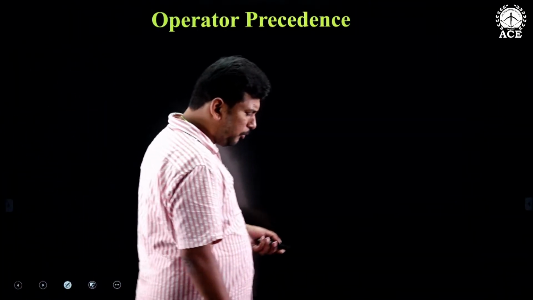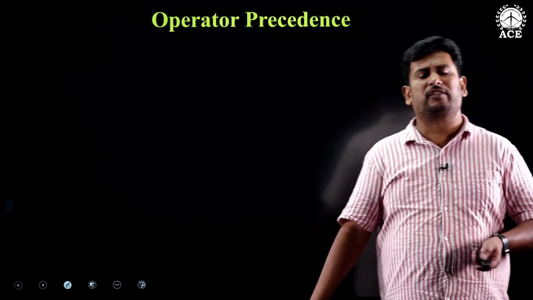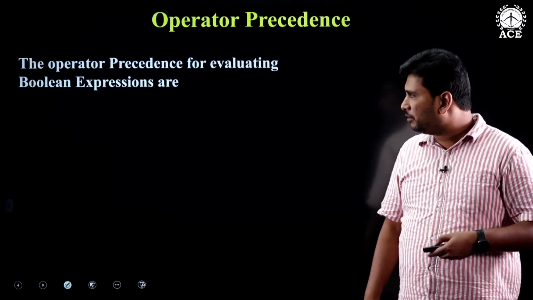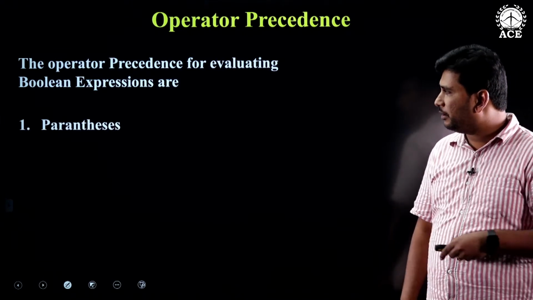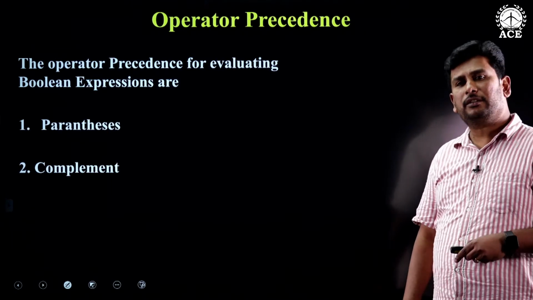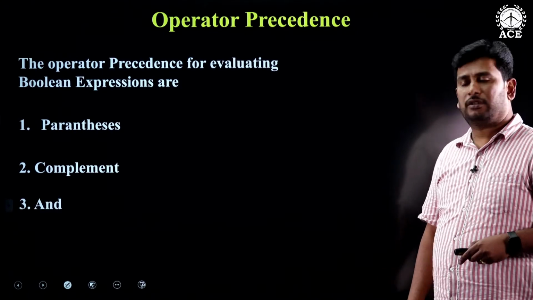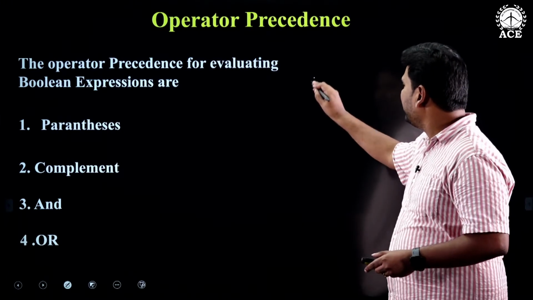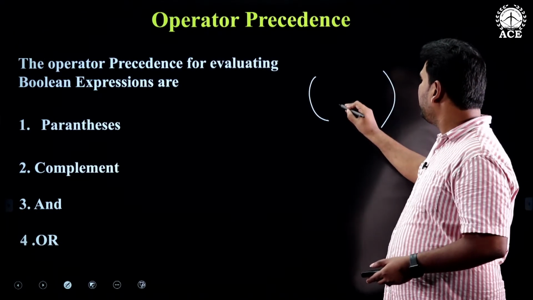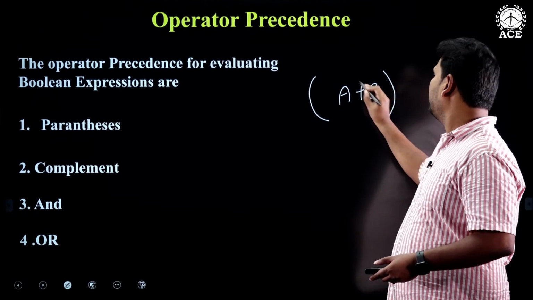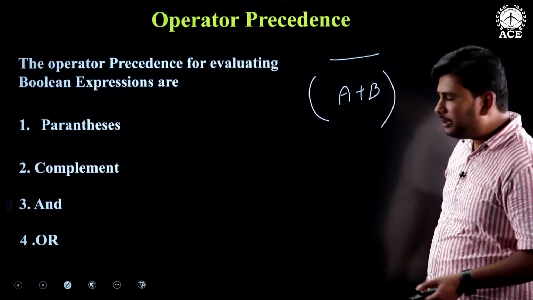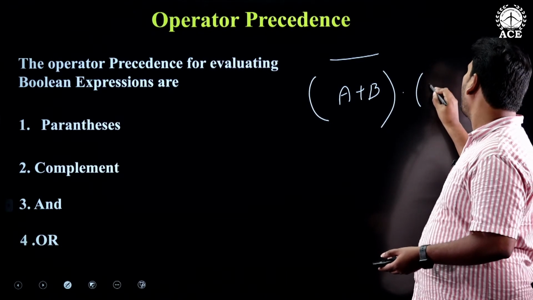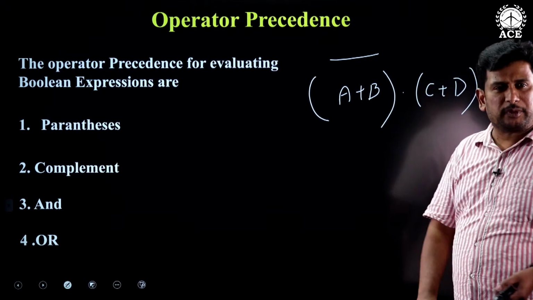Now, there are 4 different operators which we have mentioned in this discussion. The first one is variables which you have in parenthesis. Then you have complement, then the AND operator, and finally the OR operator. So whenever your expression has something inside a parenthesis followed by complement, and then outside you have AND and finally some OR operation, what is the operator precedence?